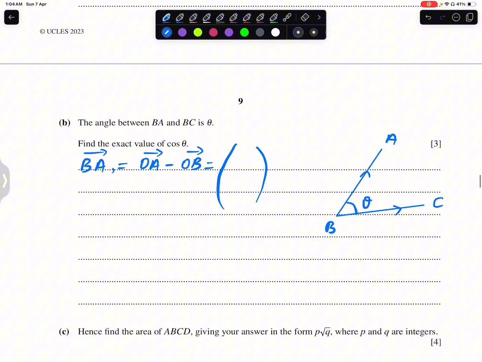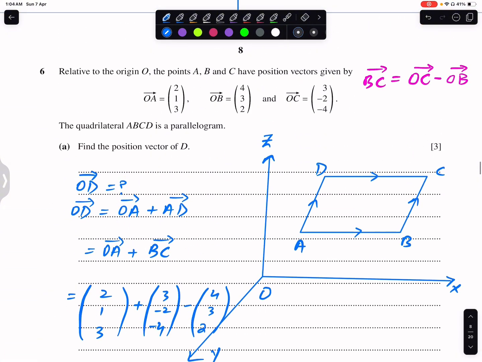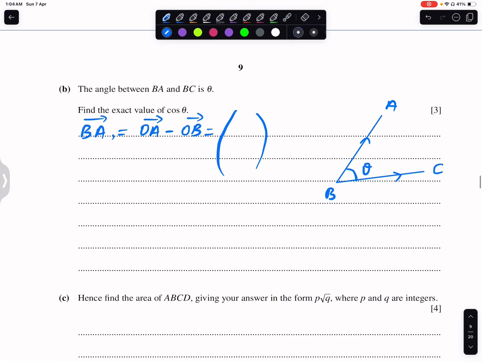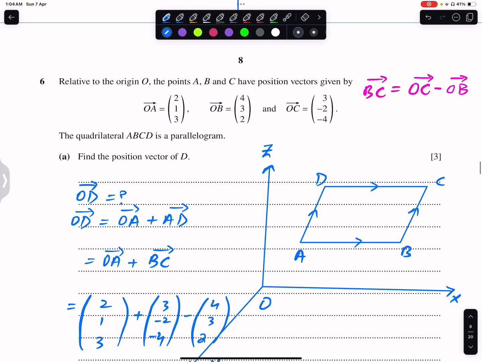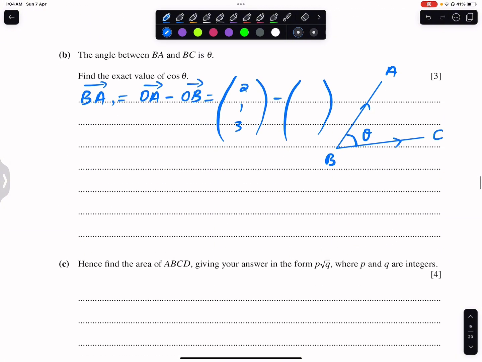So OA is 2, 1, 3 minus OB, which is 4, 3, 2. So this will be -2, -2, 1.